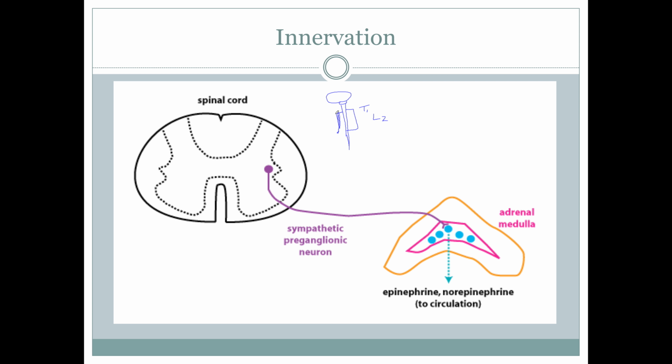And then the postganglionic neuron picks up from that ganglia chain and then goes out to an organ. So that's a two neuron chain involving the release of acetylcholine, which binds to nicotinic receptors on the postganglionic neuron. And those nicotinic receptors bind acetylcholine.